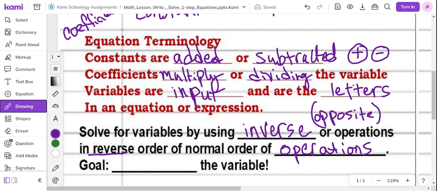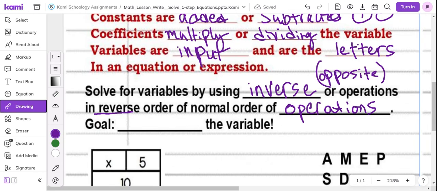The goal is to solve for the variable, or we want to isolate the variable, get it by itself on one side of an equation so we can identify it.